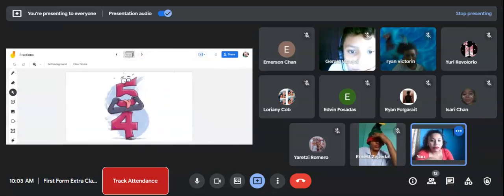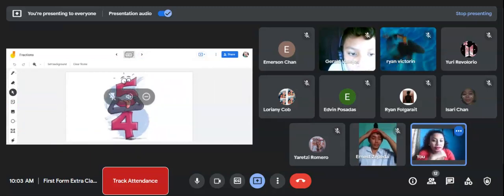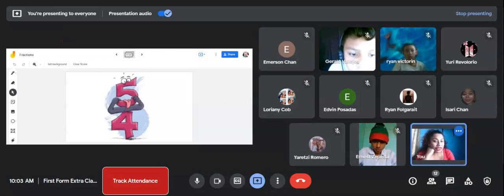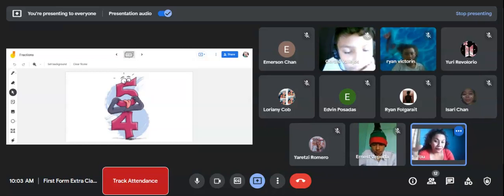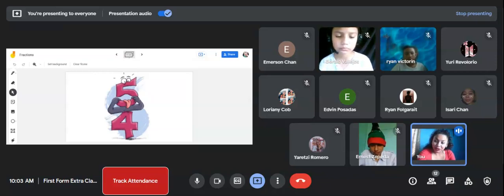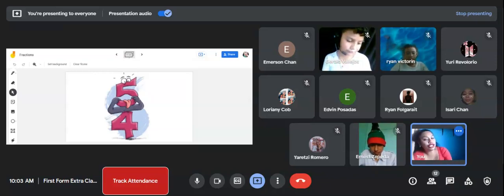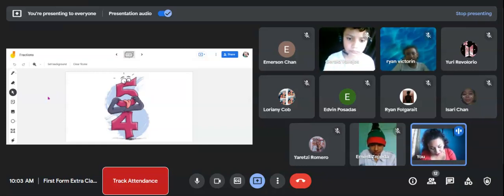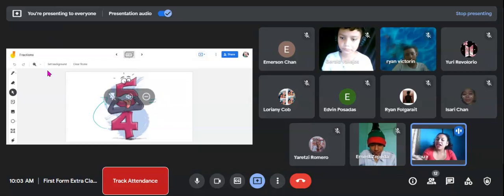So let's look at the first one. 5 over 4. If I look at this improper fraction, 5 is the bigger number at the top and 4 is the smaller number at the bottom. For me to change this to a mix, I need to do division, where I'm going to take 5 and divide it by 4.